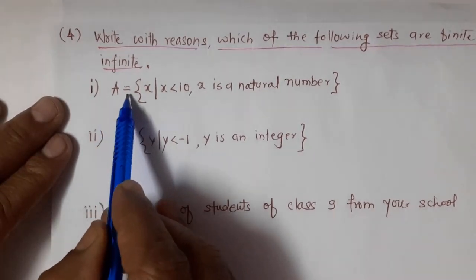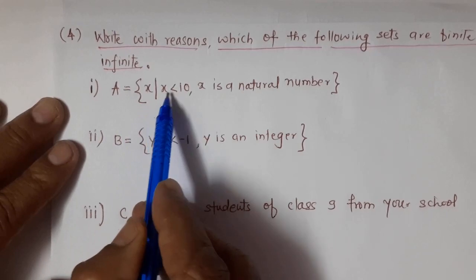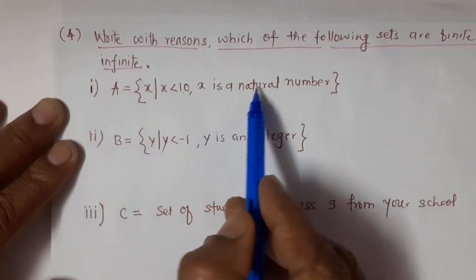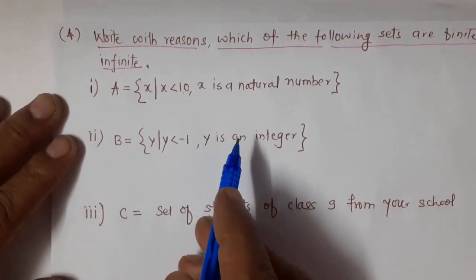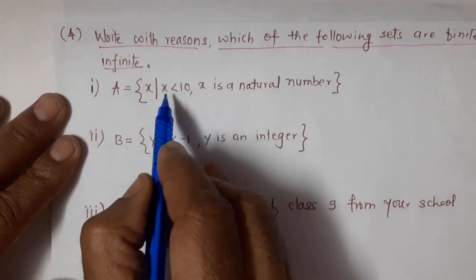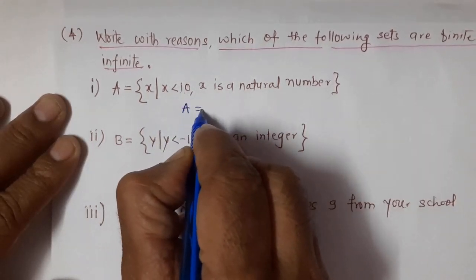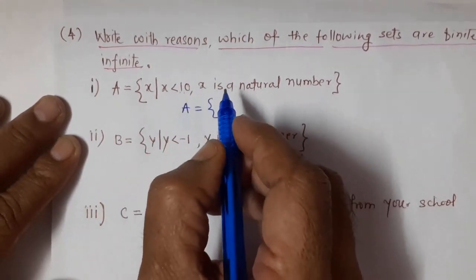Set A is a set of all x where x is less than 10 and x is a natural number. So what is that value? x is less than 10. So I can write that A is equal to the set of all natural numbers, but this value should be less than 10.